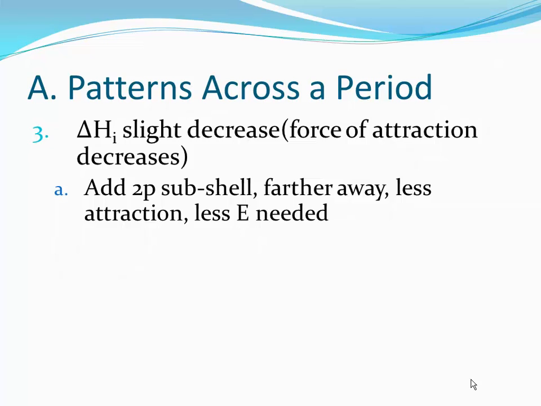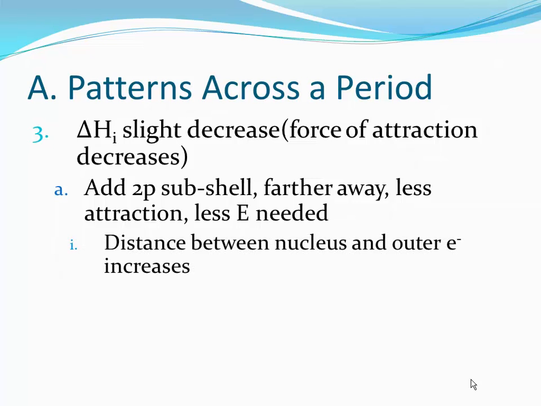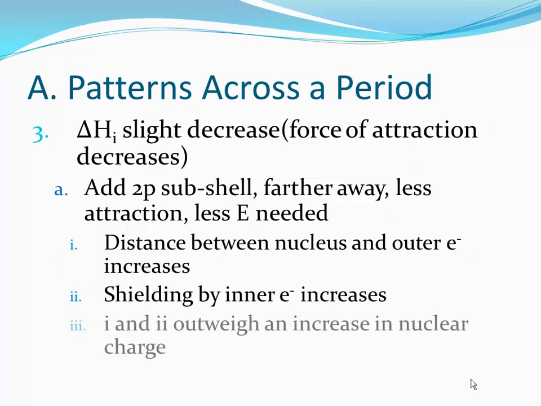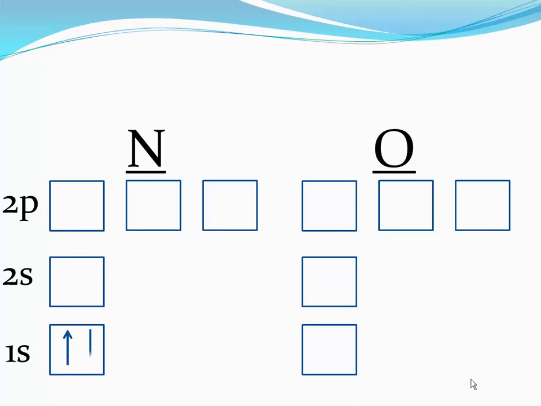When you add a subshell like the 2p, it's a little further away from the nucleus, so it's attracted to the electron less because of the distance. Shielding is still the same. It increases because of the inner electrons, and again, it outweighs the increase in protons because of that distance, and it's in the p subshell rather than the s subshell.